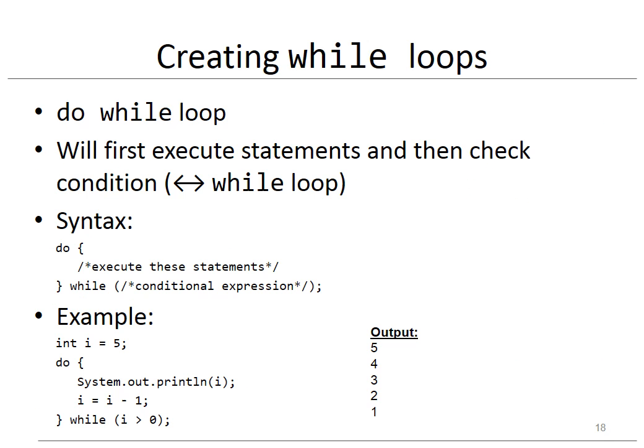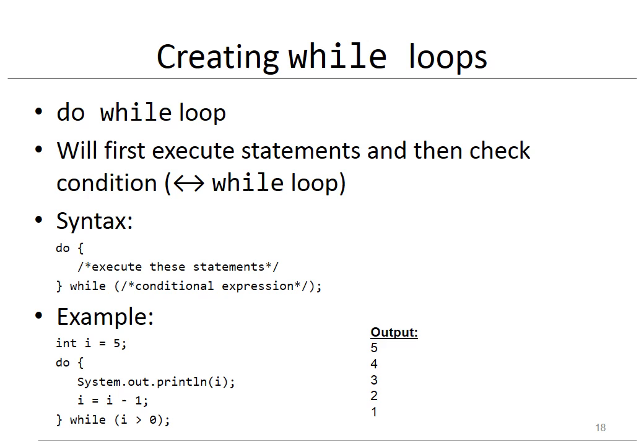A do-while loop is an alternative form of a while loop. As opposed to a while loop, a do-while loop will first execute the loop statements and then the conditional expression to see if the loop should be repeated. Its syntax is given here, together with an example similar to the one we discussed when introducing the while loop. We start by initializing I to 5.